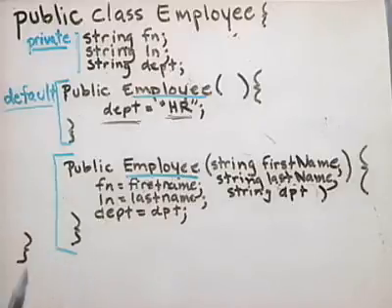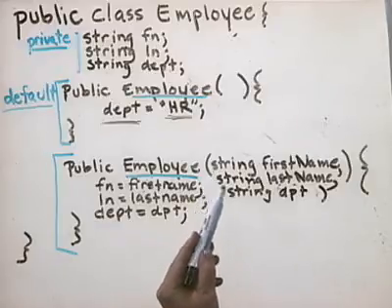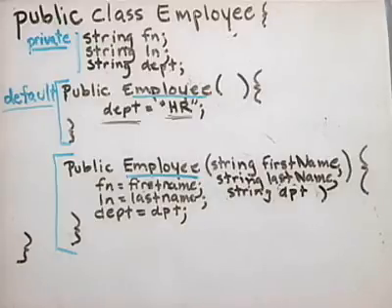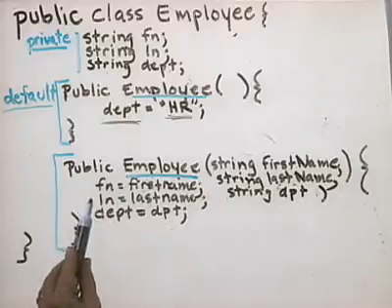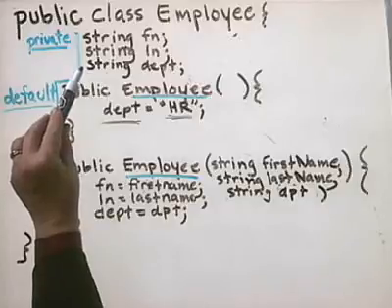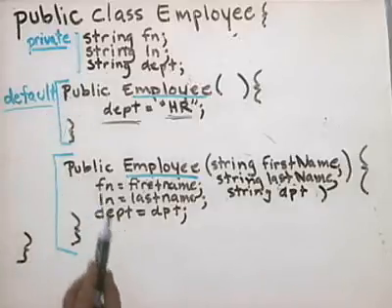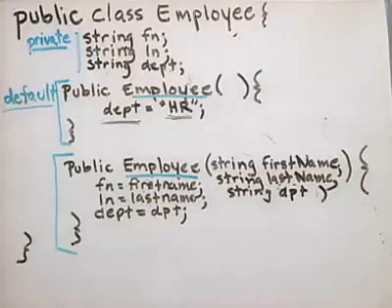In the next case, I'm offering anyone who wants to create an employee object the chance to provide a first name, last name, and department value so that I can initialize those within the constructor. Notice first name, last name, and department, those are your instance data members up here, are getting initialized. And they're getting initialized through the instantiation of an object.